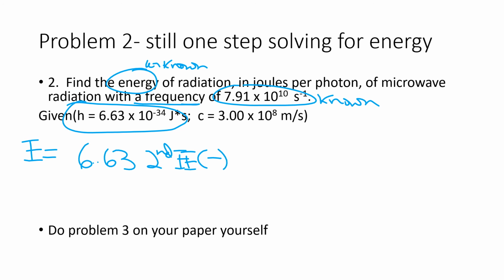You're going to find that negative on the very bottom right of your calculator, and then put in 34. Hit the multiplication key on your calculator and type in our other variable, 7.91, second EE.